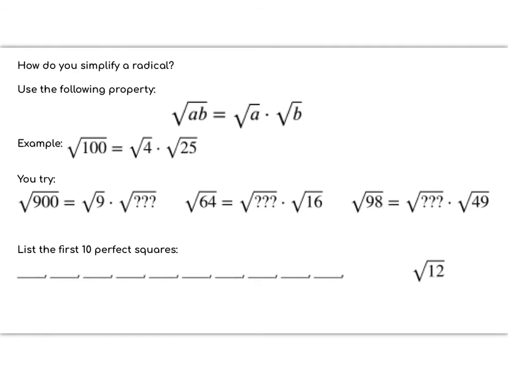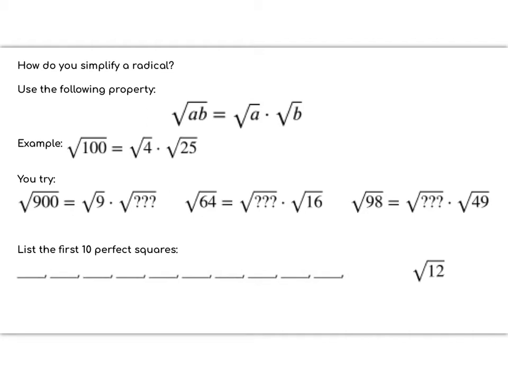So, how do we do it? Well, we're going to use this property of radicals: if you have the square root of a product, the square root of two things multiplied together, you can split that up into the product of the square roots. So the square root of A times B is equal to the square root of A times the square root of B. For example, the square root of 100, 100 is 4 times 25.